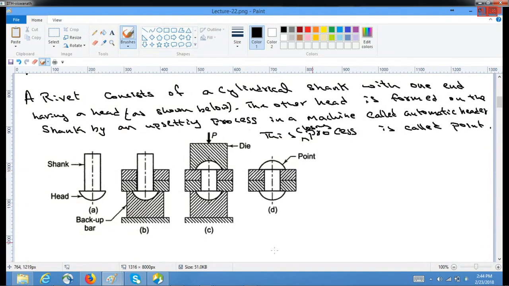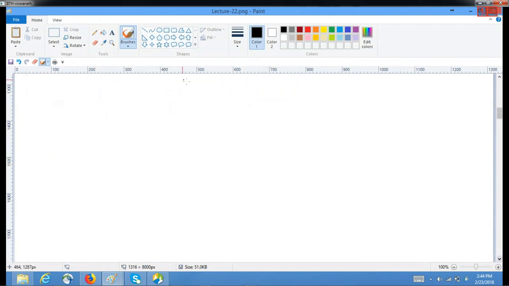So a rivet is specified by the shank diameter.